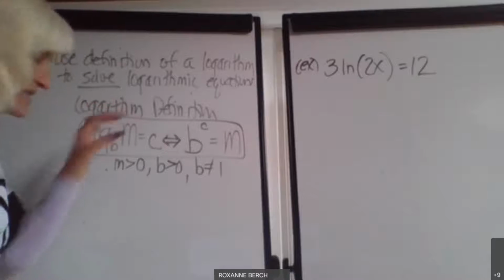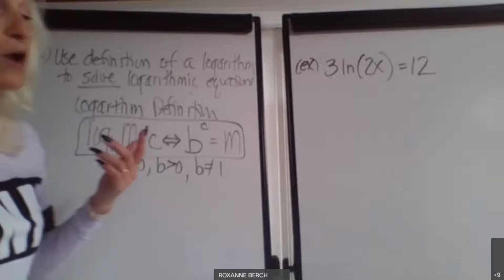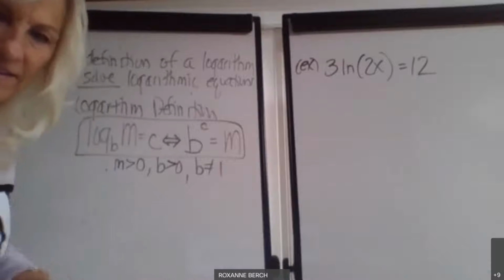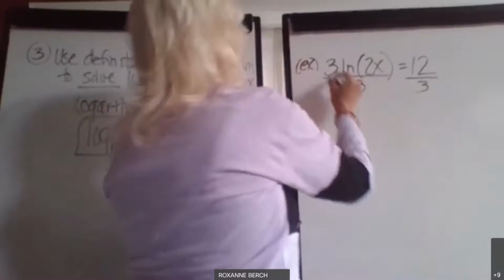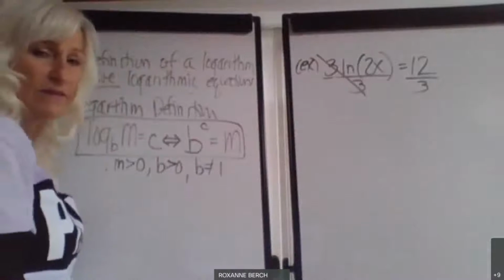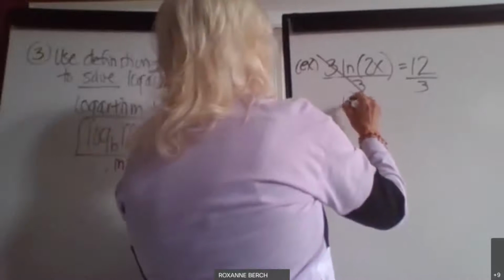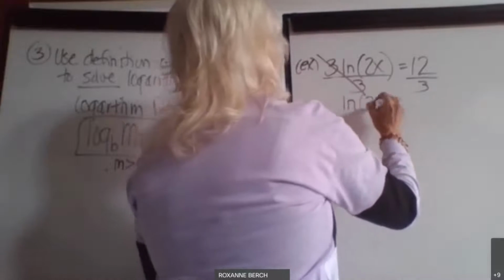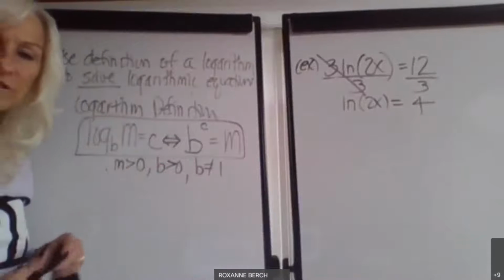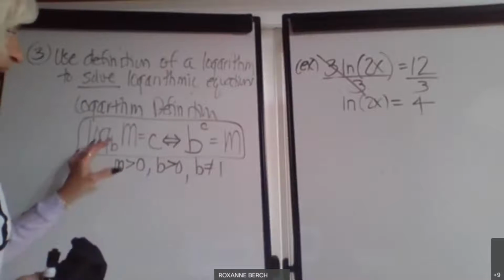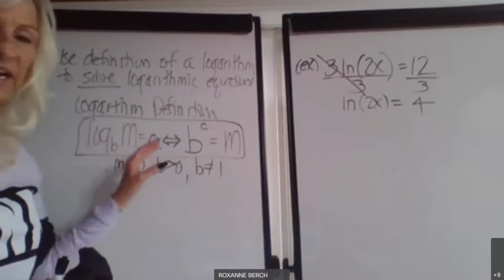It has to look like this. So I can divide by 3, can't I? If I divide by 3, isn't this the natural log of 2x equals 4? And doesn't it look exactly like this now? Isn't that log base e of 2x equals 4?